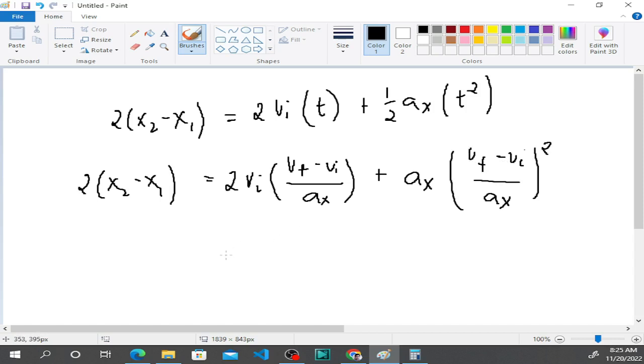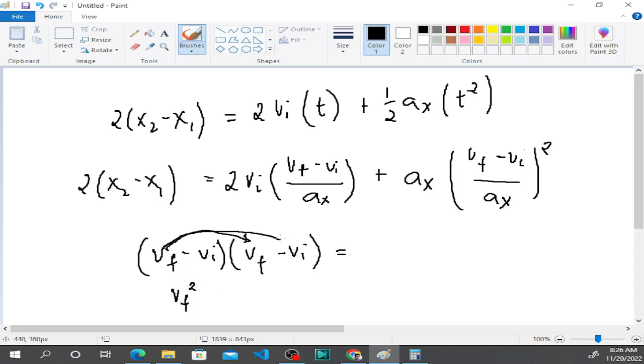Okay, so the expansion of that is, let's use this one, vf minus vi times vf minus vi. Alright, so that is the equivalent expression of this. The numerator would be, first this one, so you have vf squared, and then the other one minus vf vi.